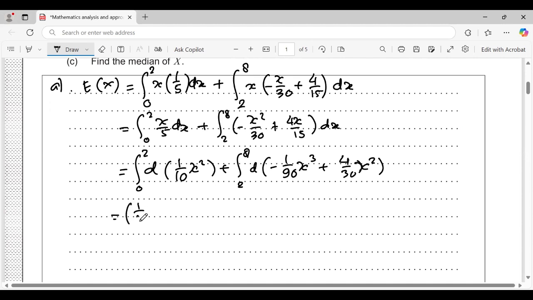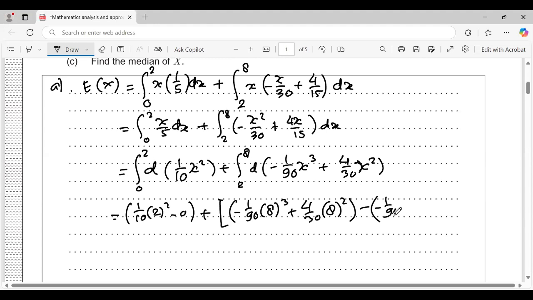It becomes 1 over 10 times 2 squared, minus 0, plus minus 1 over 90 times 8 cubed plus 4 over 30 times 8 squared, minus minus 1 over 90 times 2 cubed plus 4 over 30 times 2 squared.